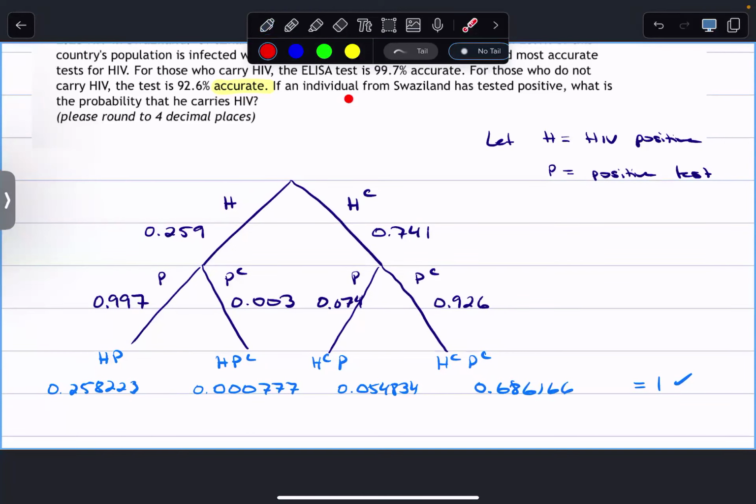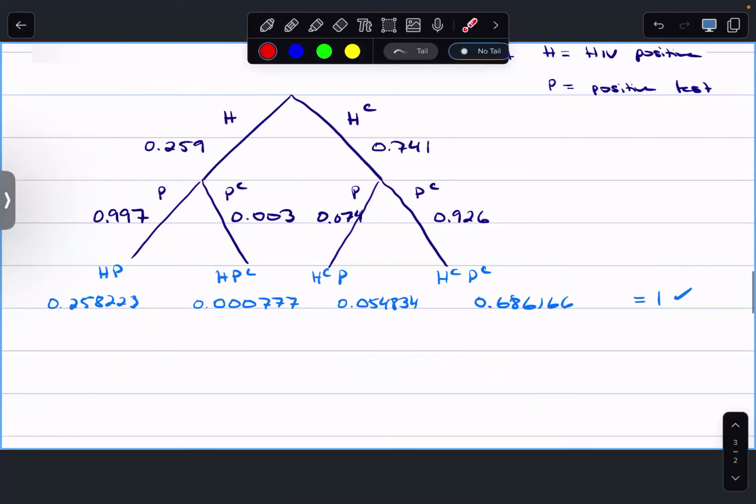If an individual from Swaziland has tested positive, what's the probability that he carries HIV? Now, the if is a subtle form of a conditional probability. So we know that they have tested positive. And so here, what are the ways that we can test positive?